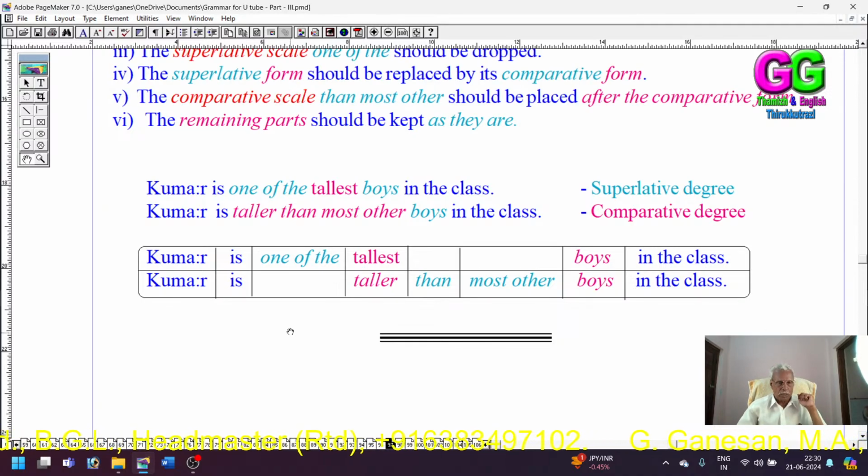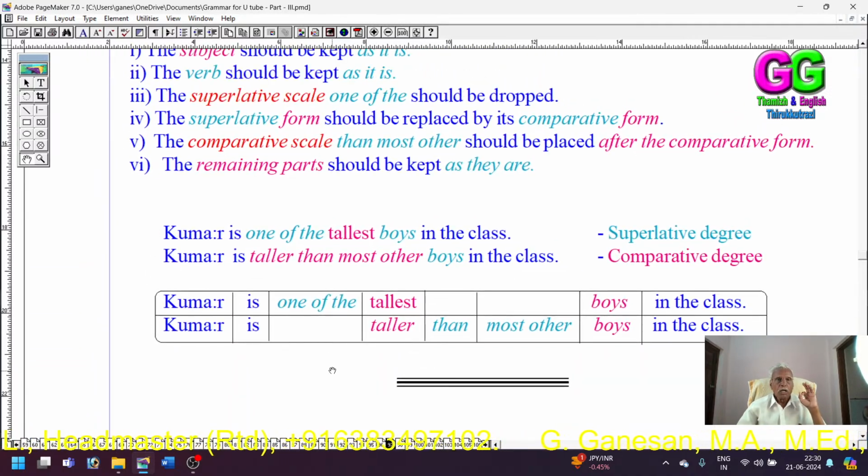Now, what are the rules? I have already told you that comparative and superlative forms both have the same subject and verb.